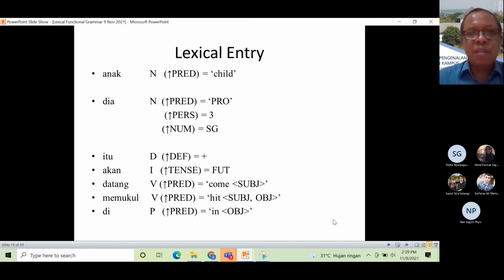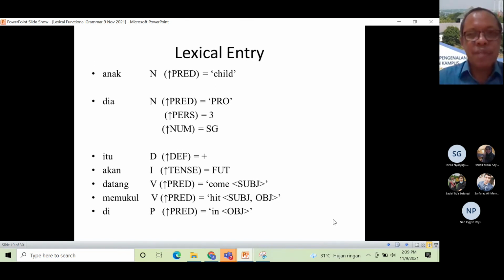And this is the lexical entry. As I mentioned earlier, in lexical functional grammar, lexicons play a very important role because they give information on morphology, on syntax, and also on semantics. The semantics here, anak means child, for example. This is the semantic content. Dia, or he or she, is a pronoun.